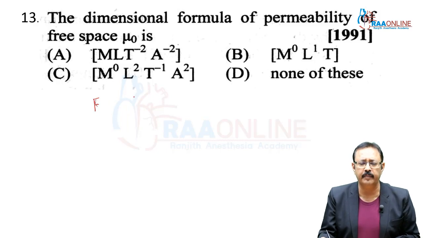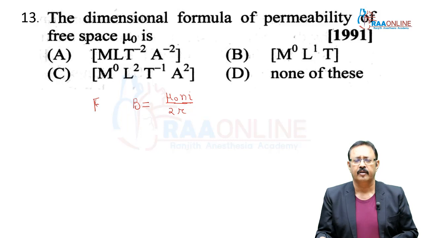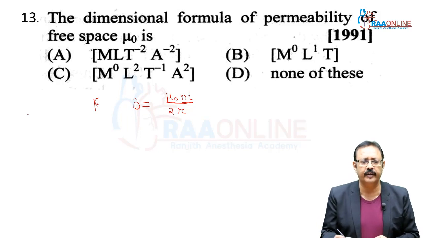We calculated the magnetic field at the center of a coil, mu naught Ni upon 2R, where N was the number of turns. Where we saw magnetic field, we saw F is equal to ILB sin theta. Sin theta has no dimension.